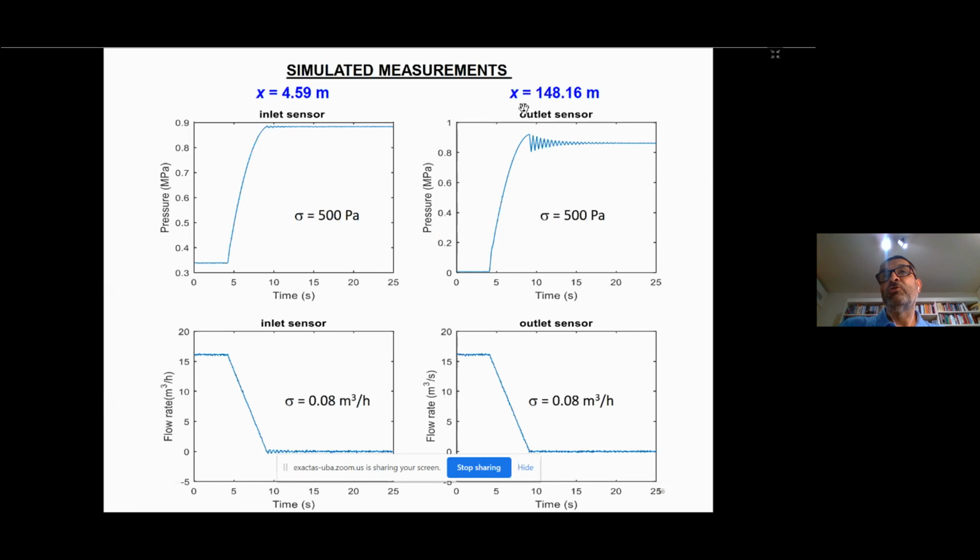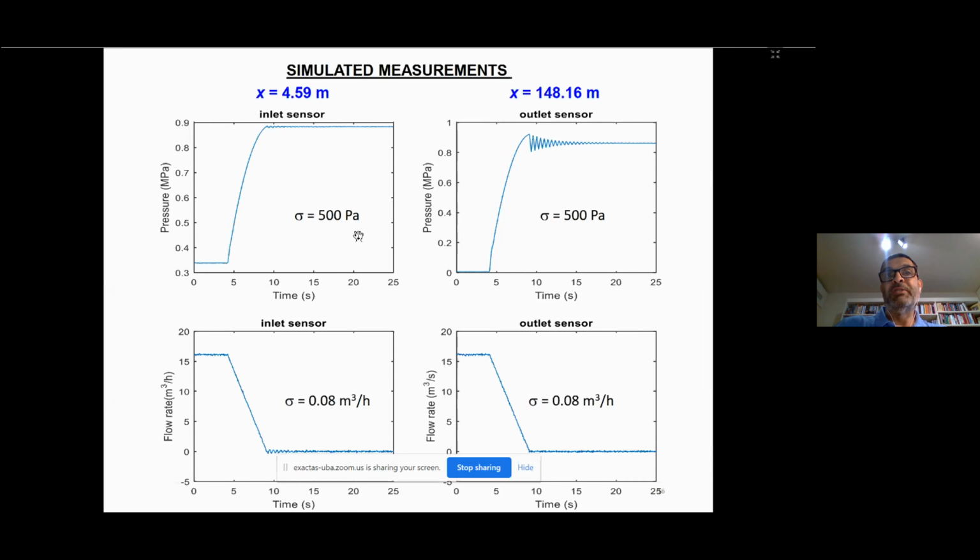But we have those oscillations, especially in the sensor that is closer to the valve, and these oscillations are dampened towards the inlet of the pipe, as we can see from the simulated measurements from the inlet sensor.